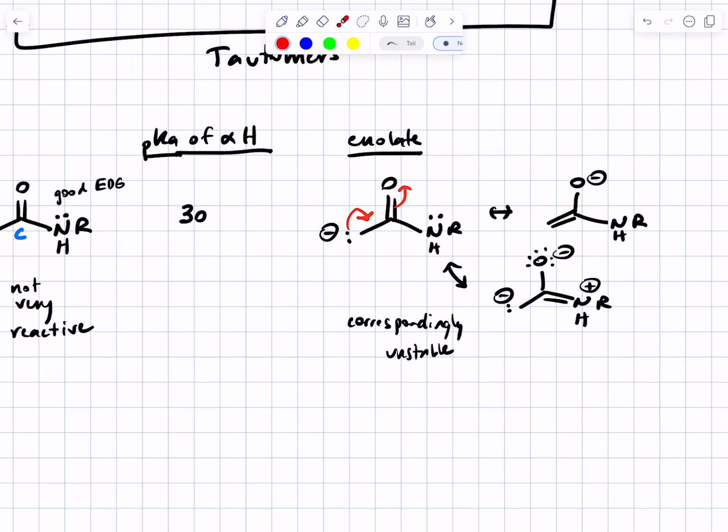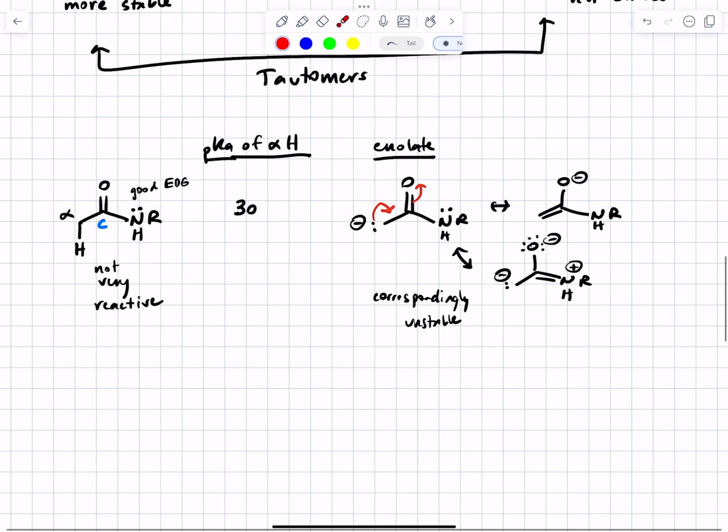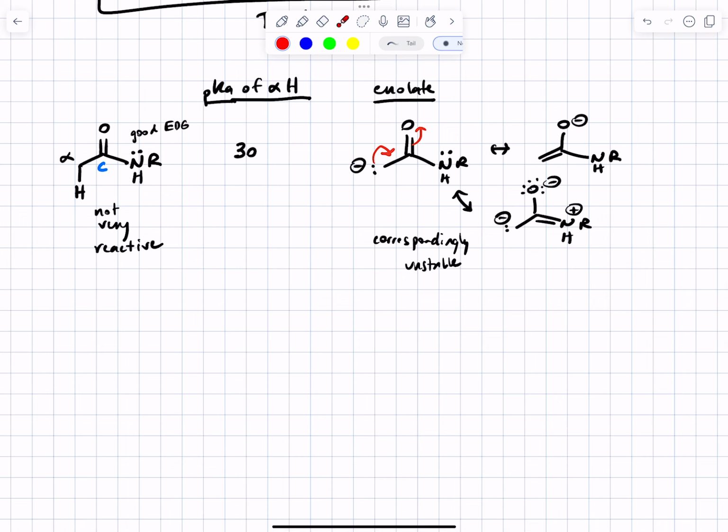Okay, are you following that reasoning a little bit? Okay, questions? All right, so let's predict what would happen. What do you predict for the ester? Put an oxygen here instead of a nitrogen. Is an oxygen, an OR group, a better or worse electron donating group than nitrogen?